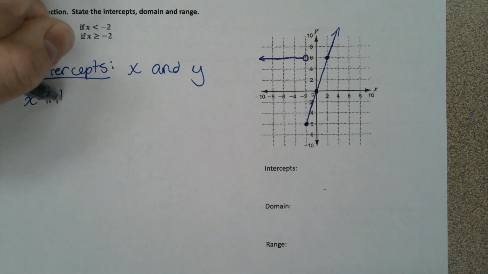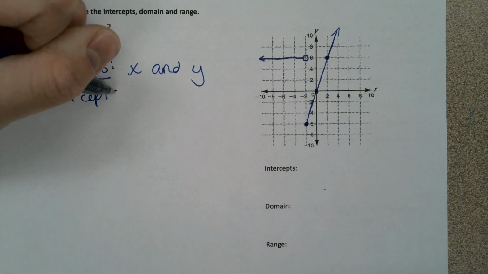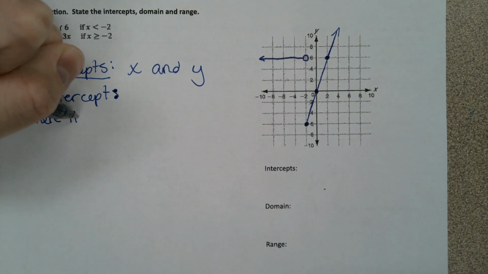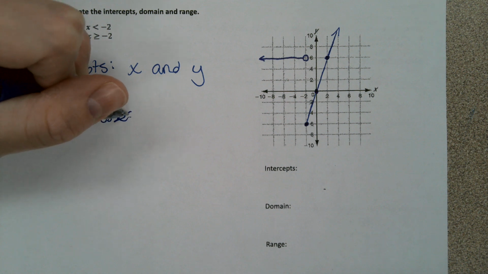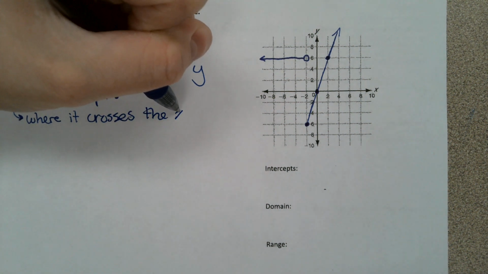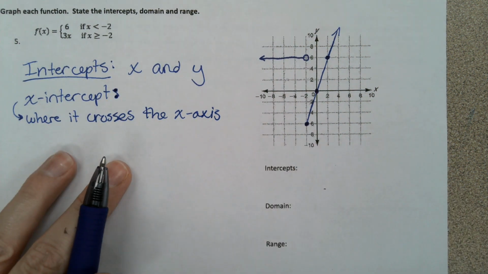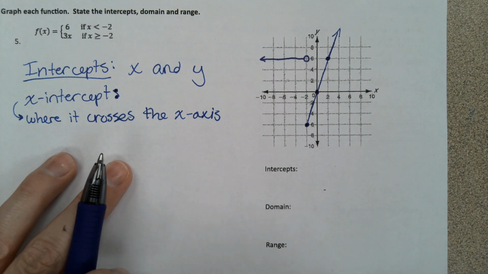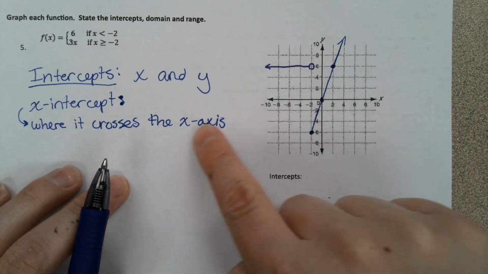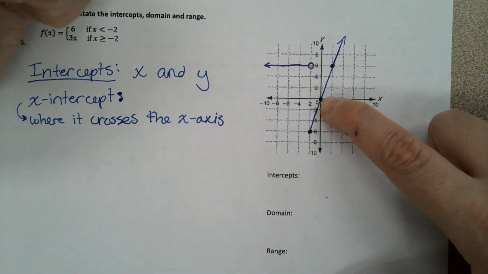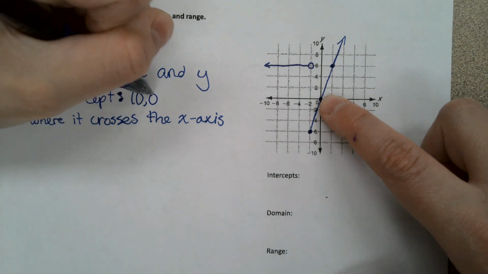So the x-intercept, reminder, is where it crosses the x-axis. So we're looking for where it directly crosses. We're looking for a point on the x-axis. So the x-axis is our horizontal one here. So we just look and see, do we have a point here? Right here at 0. This point is 0, 0. That is our x-intercept.